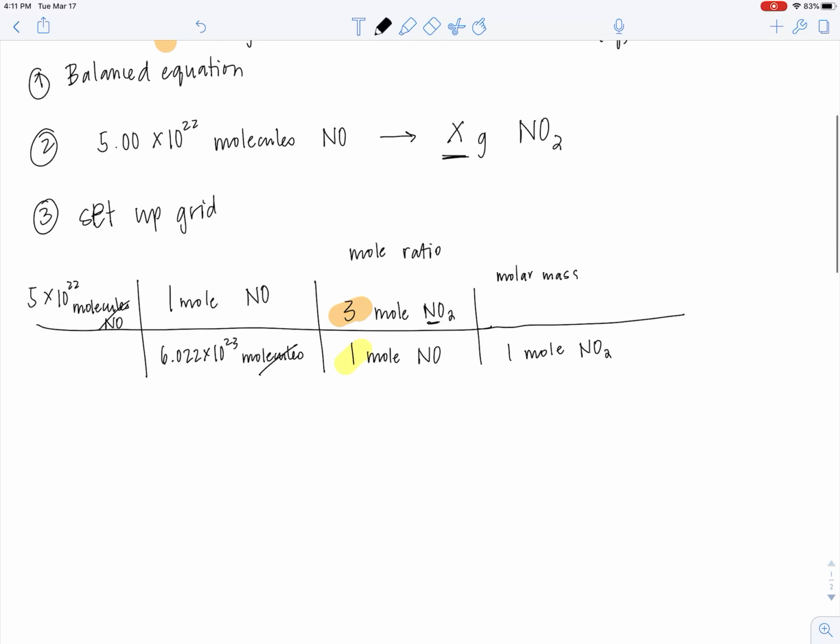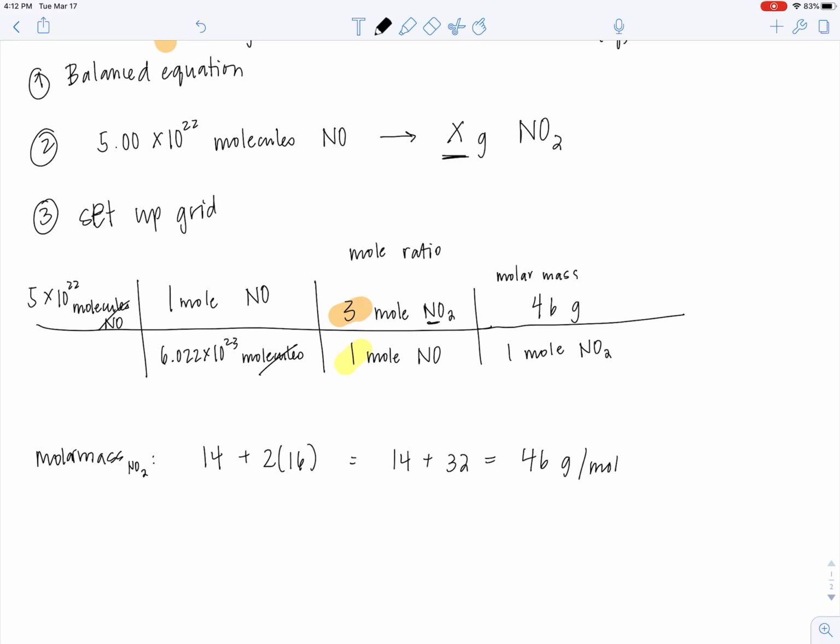So my molar mass of nitrogen dioxide, I have 1 nitrogen plus 2 oxygens. So that's 14 plus 32, which equals 46 grams per mole. So I'm going to put 46 grams here.